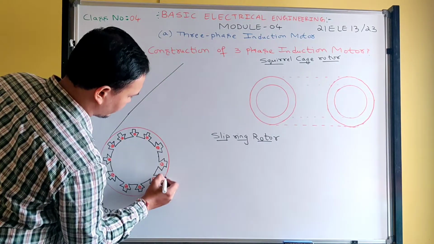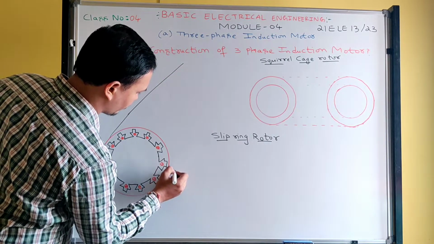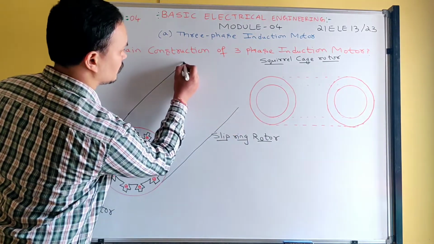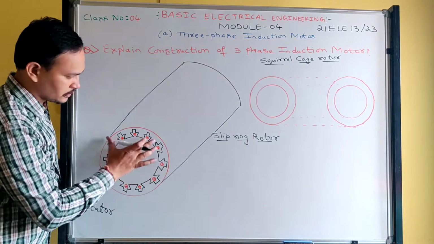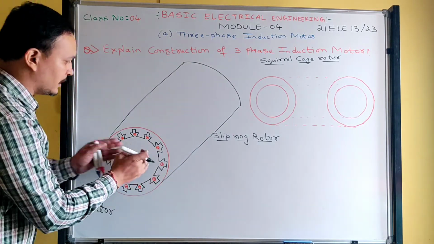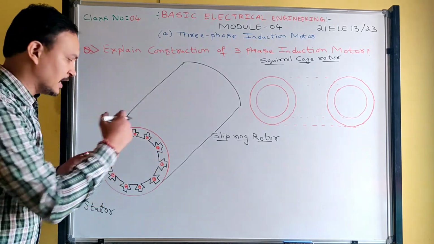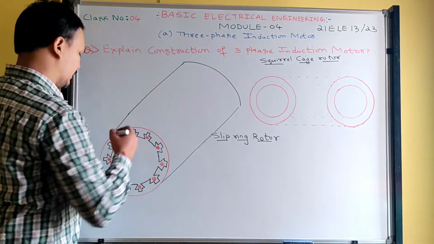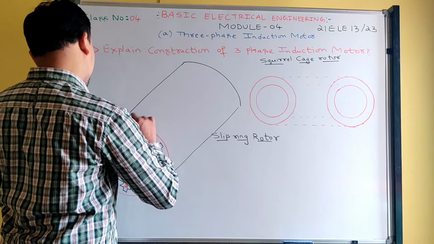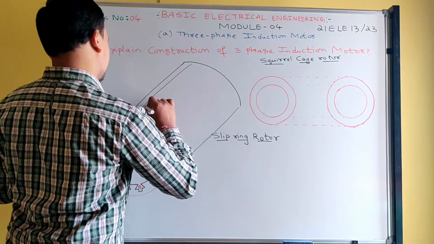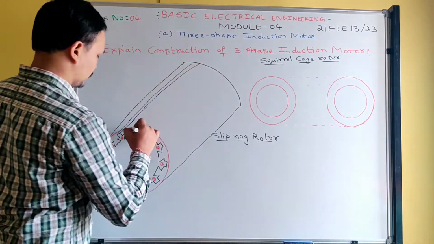See, I am writing like this. Okay, this is one lamination. Now I am taking the same plate, then I am putting it behind that, side by side. So if I start doing like that, a stator core is designed. See, look at here.